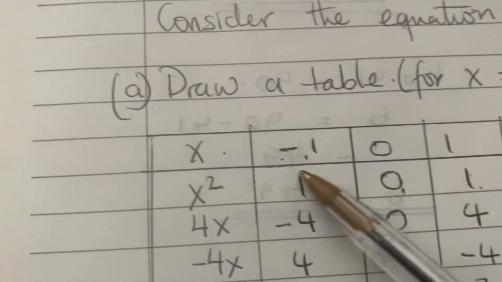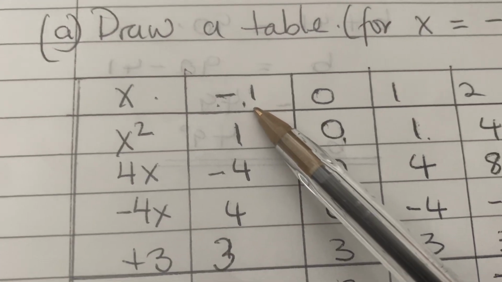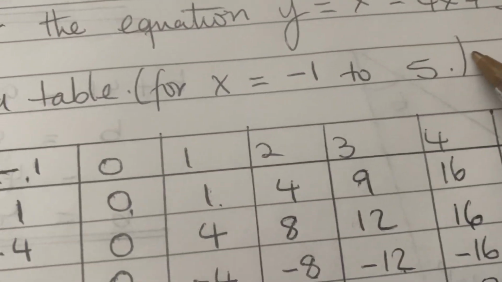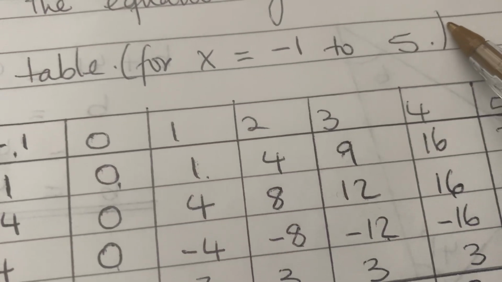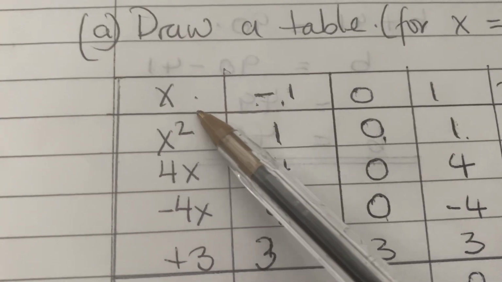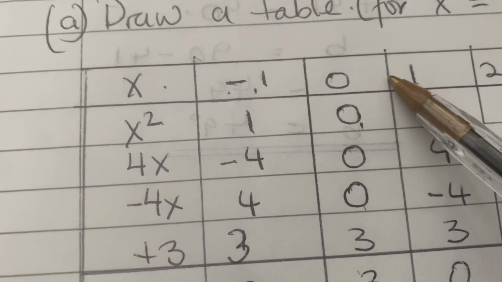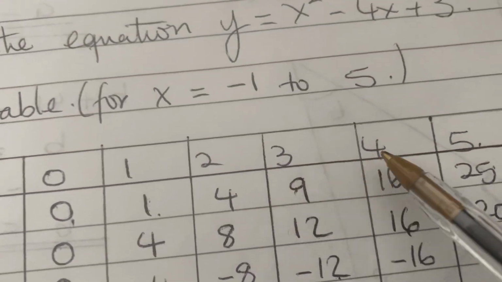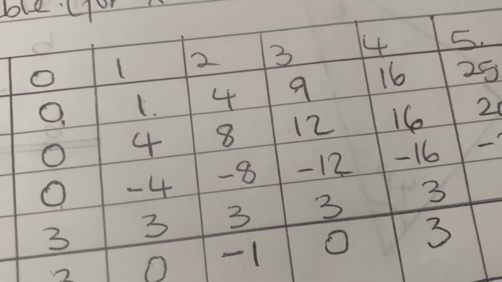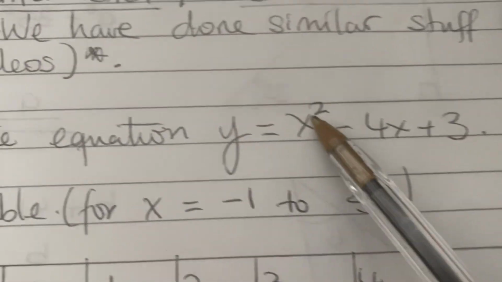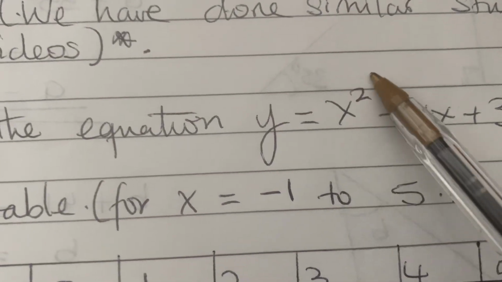Okay, so now to find the coordinates, normally it's easier to do the table. So these are your x: minus 1, 0, 1, 2, 3, 4, and 5. Now from the equation, first we'll do x squared.